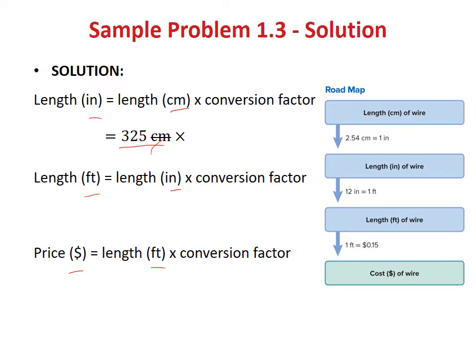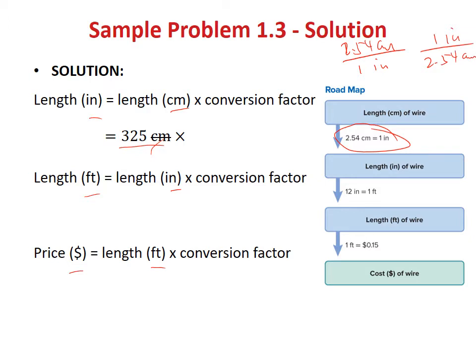So we look at this relationship. We can write two conversion factors: one is 2.54 centimeter per inch, or we can write 1 inch per 2.54 centimeter. So two possible conversion factors.